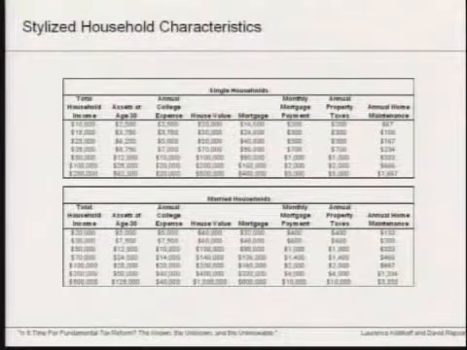Okay, so the working block of our analysis is these stylized households that we developed to represent a whole range of different households in the real world. We gave them some assets to start out with.